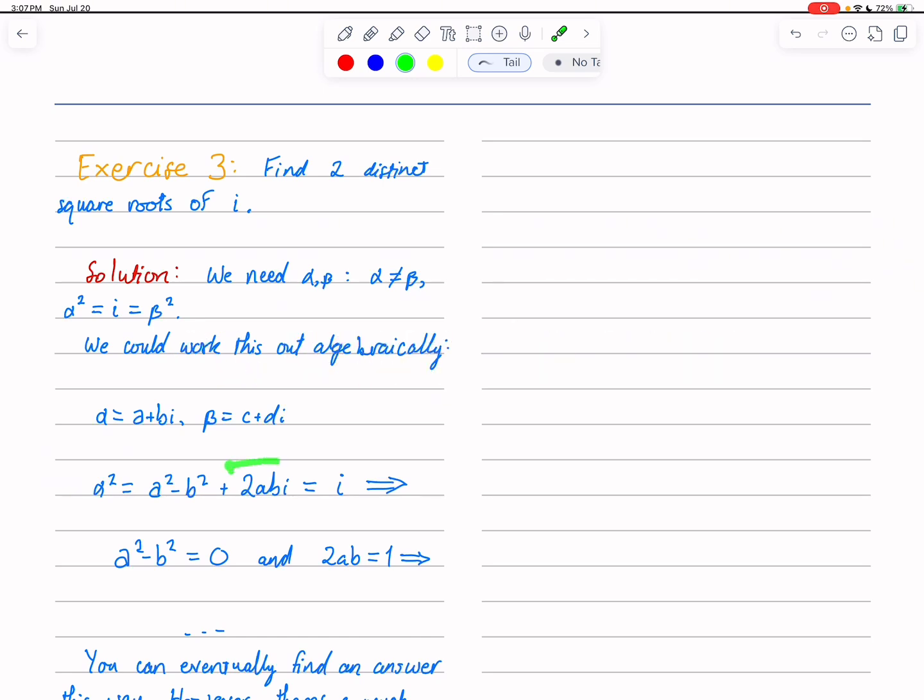Also, the imaginary parts must match. So this 2abi, well, the 2ab is the real coefficient of I, and that must match the real coefficient of the number I, which is 1, so 2ab is equal to 1.